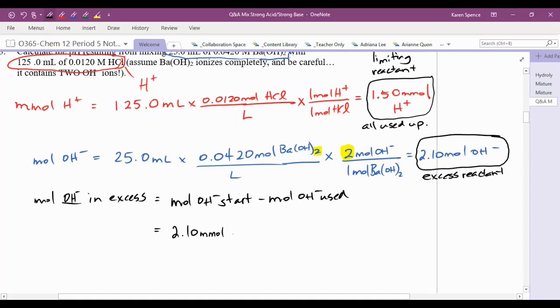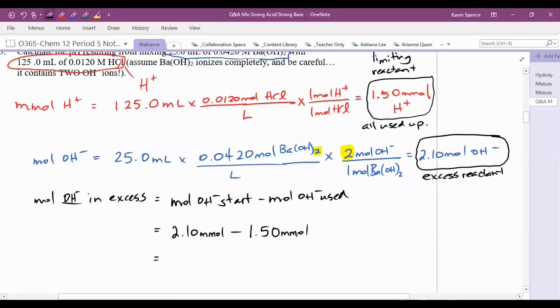That's how much we had at the beginning. And how much reacts? It's going to be exactly the same as the amount of H plus because they react in a 1-to-1. So that's minus 1.50 millimoles.